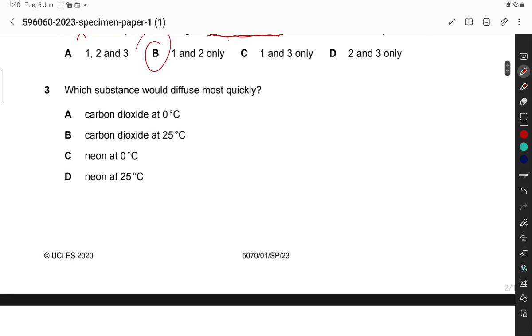Which substance would diffuse most quickly? The substance which has lower Mr and is at higher temperature. Carbon dioxide, Mr 44, at 0 degrees centigrade. At 25 degrees centigrade the rate of diffusion is increased.